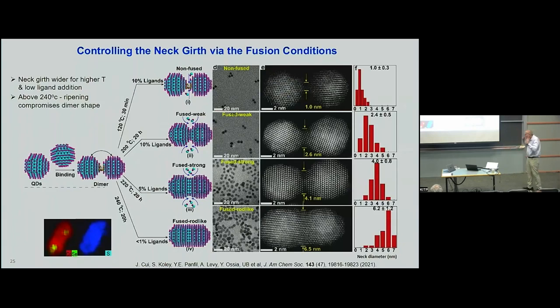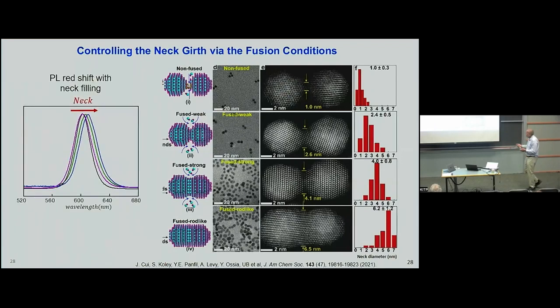And the model we have in mind for this mechanism is intraparticle ripening, that atoms are moving into this higher energy neck region to fill it up. Okay, that's the idea. And this is accompanied by a redshift, qualitatively in agreement with what we see from simulation, at least for the hybridization.